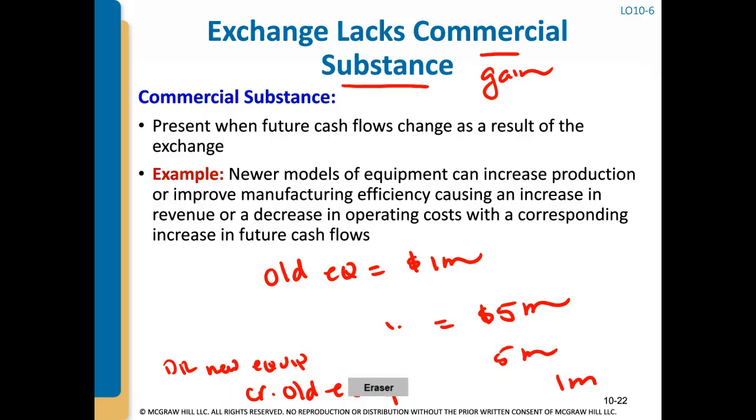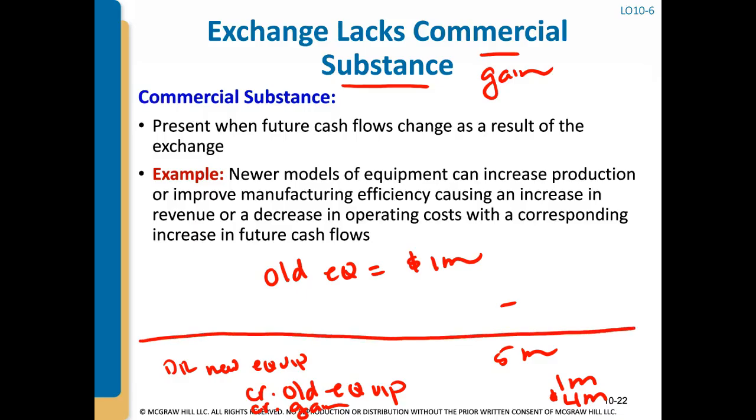And then how would we balance this transaction? Well, if this happened, we would have to credit gain for $4 million. So imagine if a company could do this all the time, they would say, oh, I'm just going to exchange one asset for the other and record this huge gain and increase my net income on my income statement. Well, GAAP says, no, you cannot do that if the exchange lacks commercial substance.